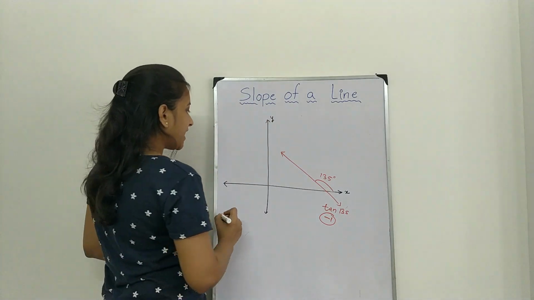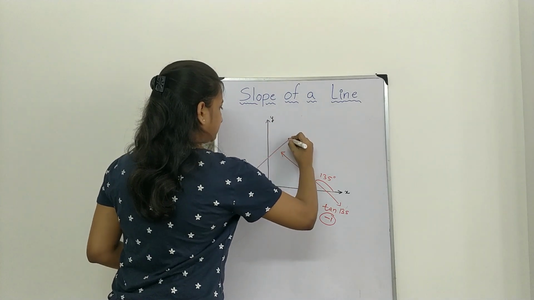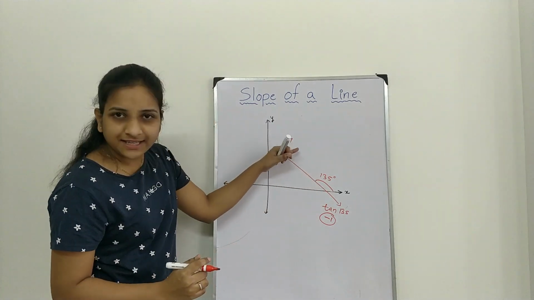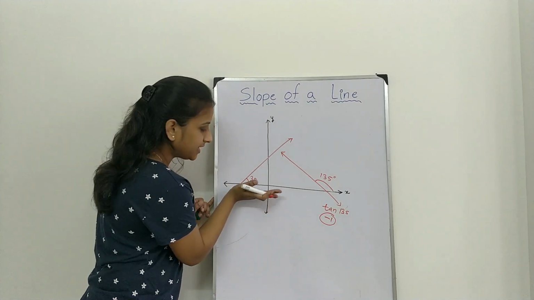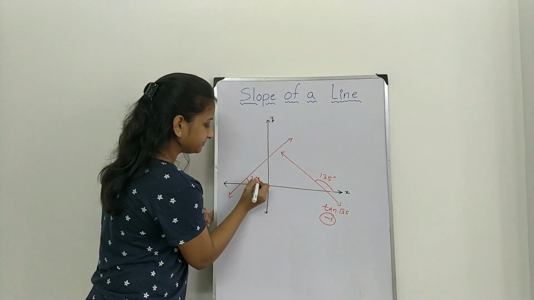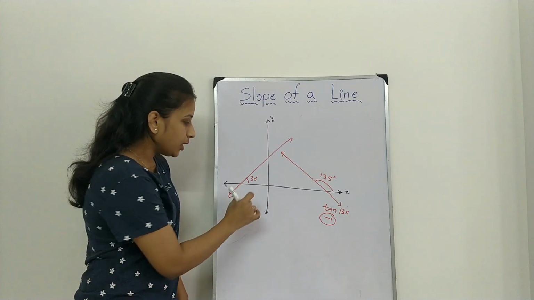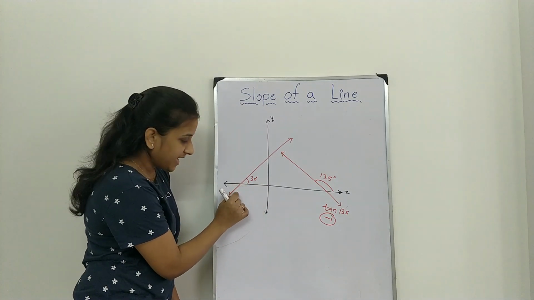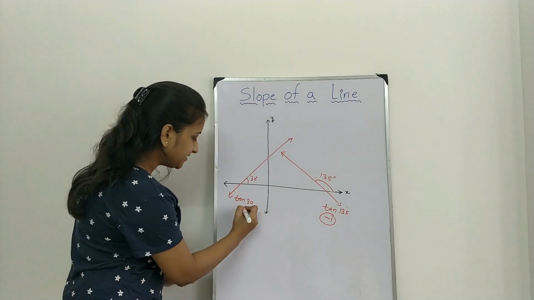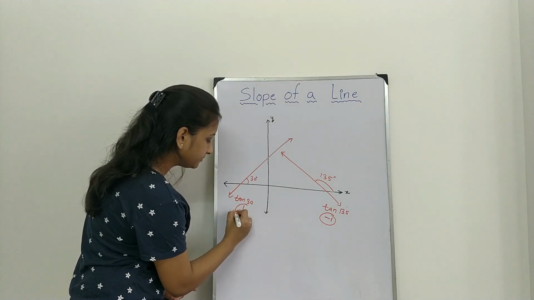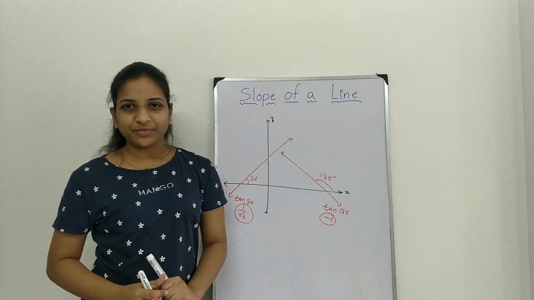Now if I draw a line like this, this line is making an angle of 30 degree with the positive x direction. So slope of this line is tan 30. Tan 30 is 1 by root 3. Slope of this line is 1 by root 3.